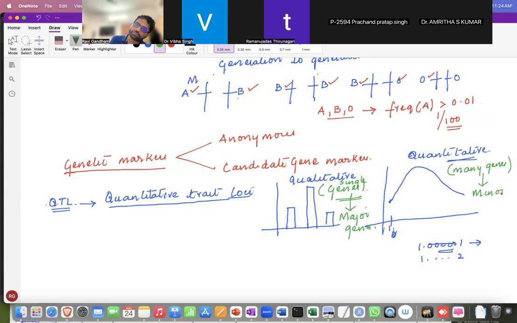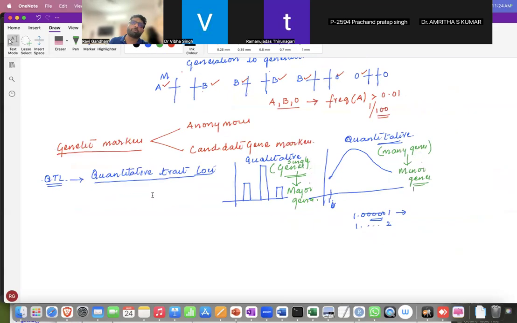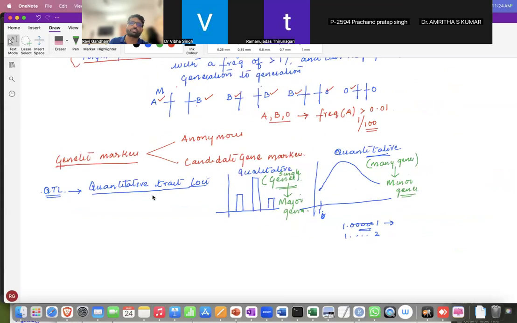So they are called major genes and minor genes, and all of them have some effect on that particular trait of interest.